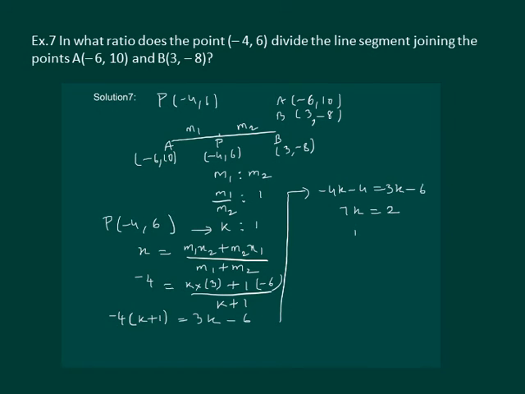This gives us k equal to 2 by 7, which implies that the ratio in which point P divides AB is 2 by 7 is to 1, or we can say 2 is to 7. We can check with the y coordinate of point P and we shall get the same answer.